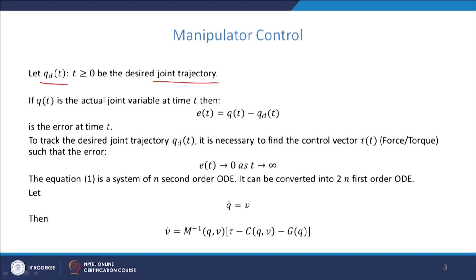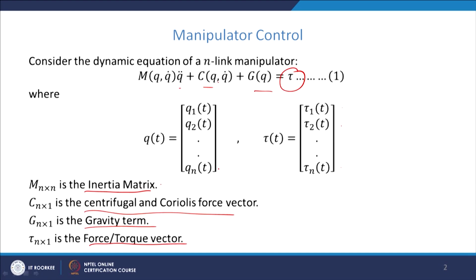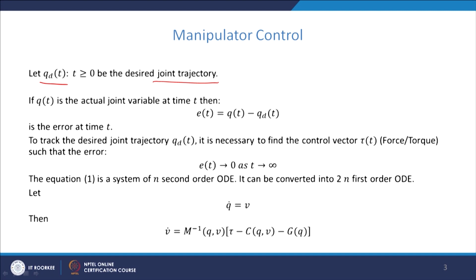Joint trajectory means the desired angles or the linear motion of each joint. The desired value of q of t is given by q d, and q of t denotes the actual joint variables. So, the current value of q is given by q of t.